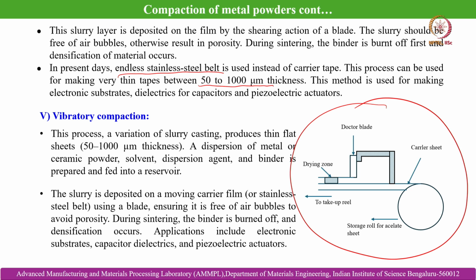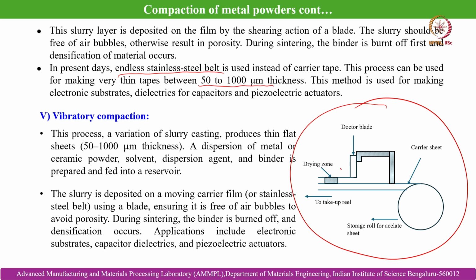And then there must be a shearing action of a blade which controls the thickness of the deposited slurry layer, and it helps avoid local thickening of the slurry layer, which can become detrimental post sintering of this deposited slurry layer. So that is the role of this doctor blade, which is kept to control the thickness of the slurry layer. So, you can see it over here.